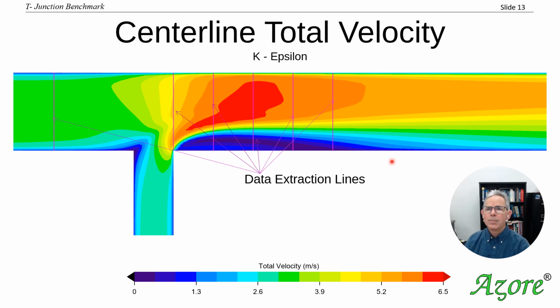So now let's talk about where the data is going to be taken. They have collected data along these lines, and here we have our X over B lines. There's data taken at these distinct locations, and I've overlaid these lines with the total velocity predictions.